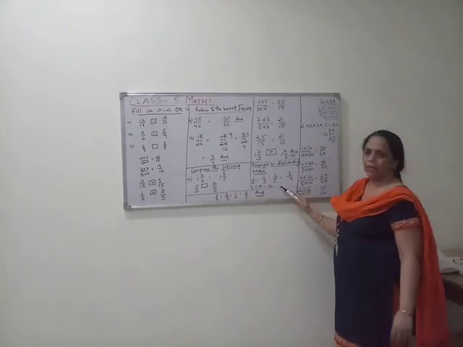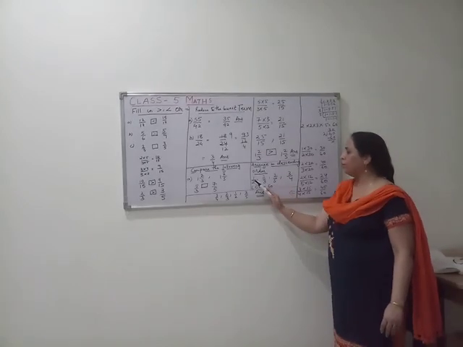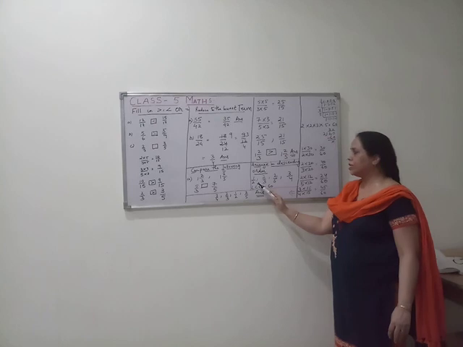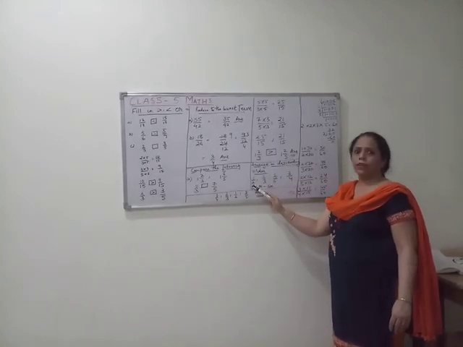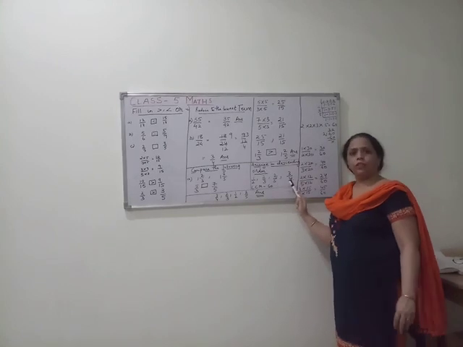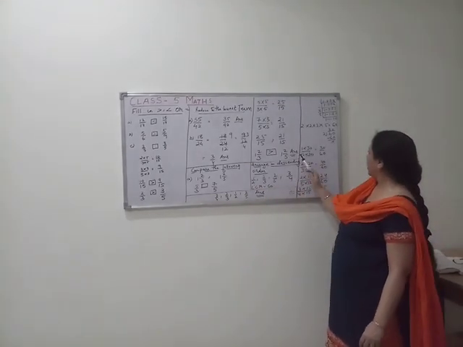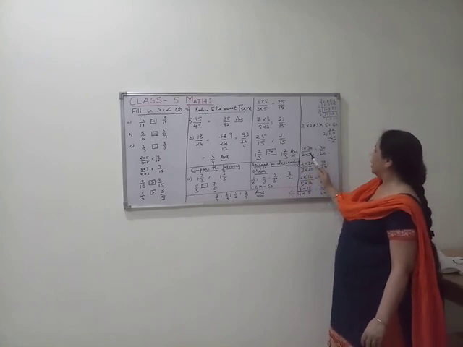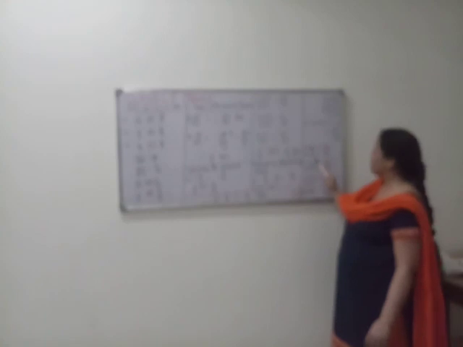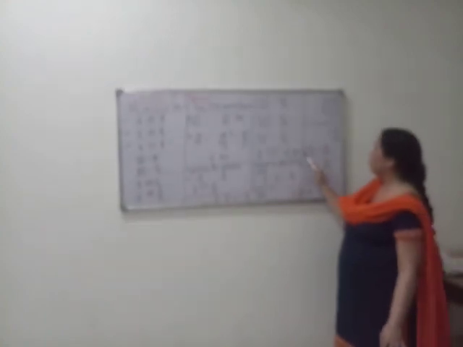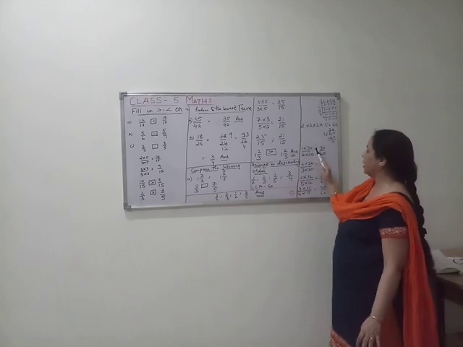Now we have to multiply the numerators and denominators by such a number that we get 60 as the denominator. 2 will be multiplied by 30 so that we get 60. Similarly, to make the equivalent fraction, we multiply both the numerator and denominator by 30.